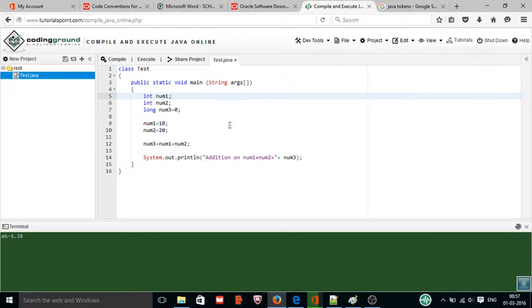If I run this program, the outcome is coming over here. There is an error: the file name is different.